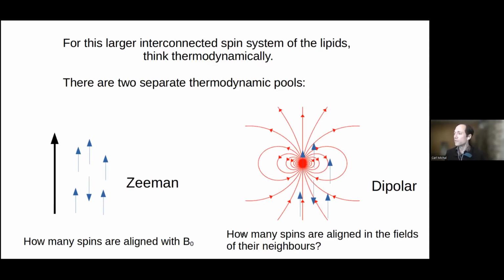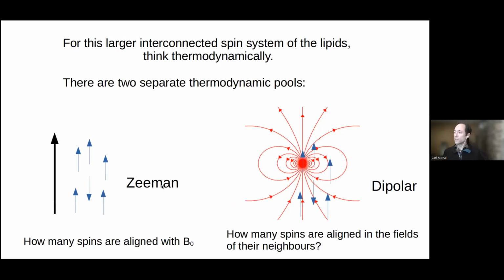The measure of the order, the energy in the dipolar reservoir, has to do with how many spins are aligned in the fields of their neighbors. And in the high temperature approximation, these two reservoirs are actually independent of each other, right? You can flip one spin to change the energy in the Zeeman reservoir without that affecting the dipolar reservoir, or you can do a flip-flop of two spins, which will change the dipolar energy, but not change the Zeeman energy.